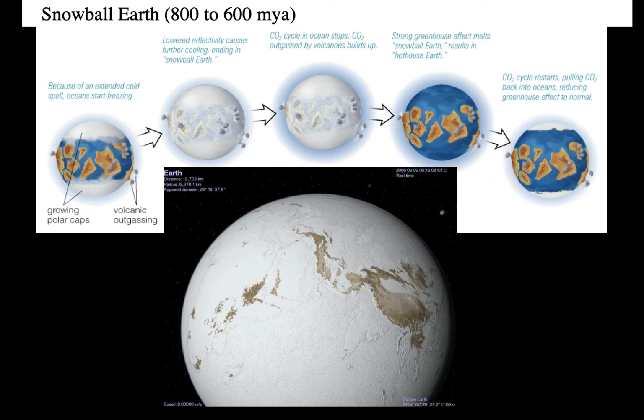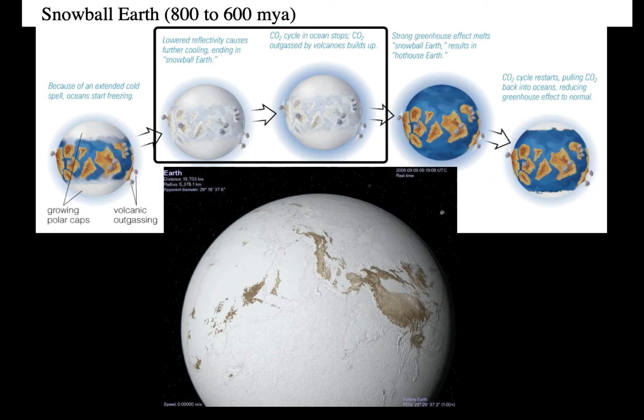In the time course above, you can see that about 800 million years ago, the ice caps were extending further and further down towards the equator. By 700 to 600 million years ago, the ice covered the entire world. In fact, the ice at the equator was about a mile thick over the ocean.